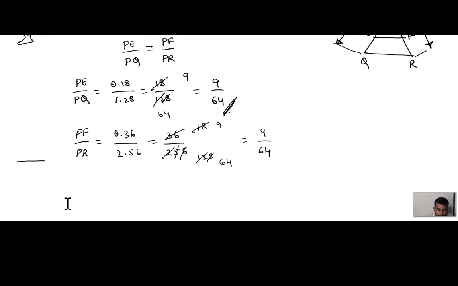Yes. Now we can say that therefore LHS is equal to RHS, EF is parallel to QR. Any doubts? Did you understand the basics? How to do and when to apply? Very good. Copy down.